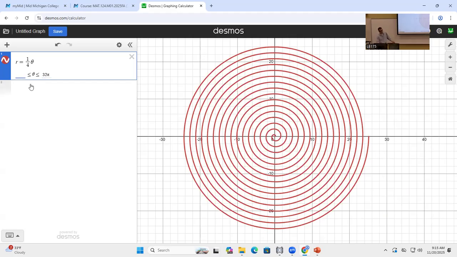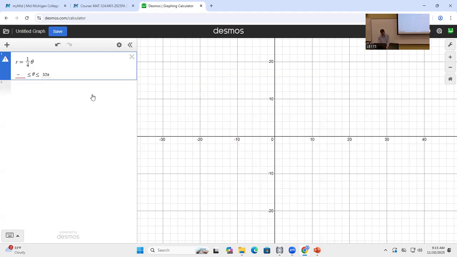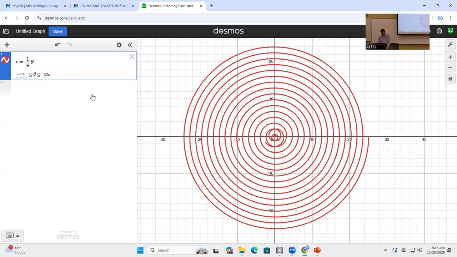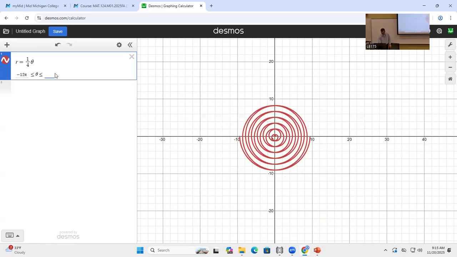By the way, what would happen if we went from like negative 12 pi, let's just say up to 0, it's probably easiest to see that. Well, then I'd have a spiral going in the other direction. So this one kind of spirals in a clockwise manner, whereas the other one spiraled in a counterclockwise manner.